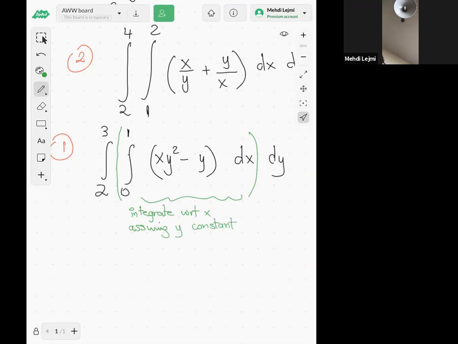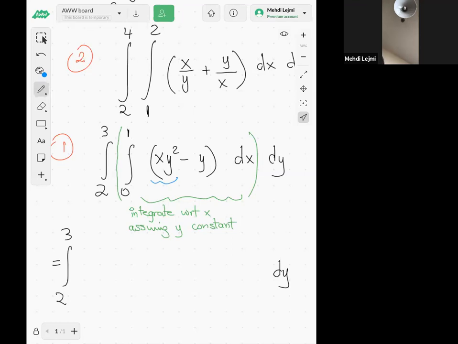So that would be equal to, first we keep the integral from 2 to 3 and the dy. Now, I have to integrate this x y squared. y is a constant, obviously y squared is also constant. So we just integrate x.